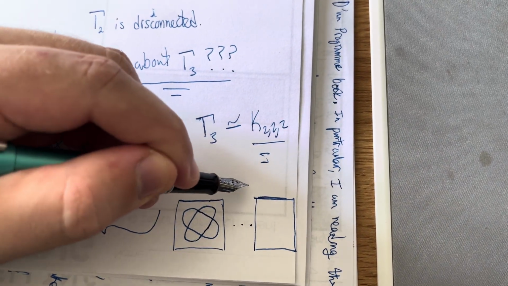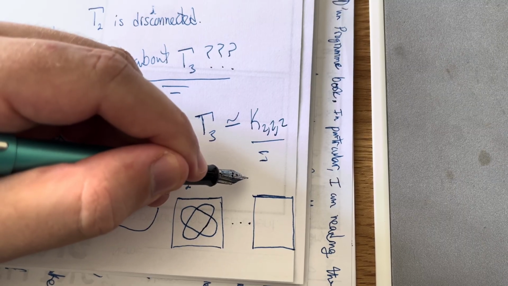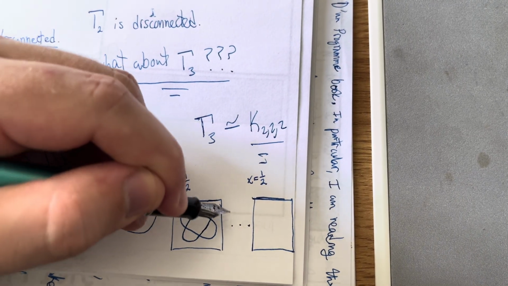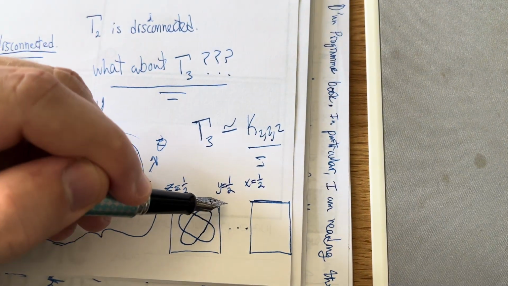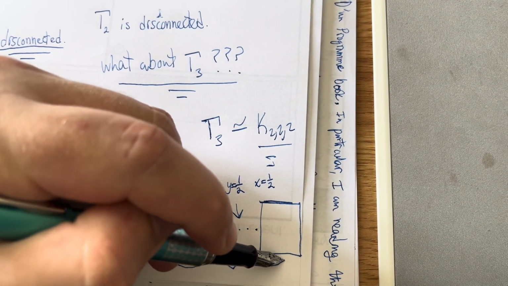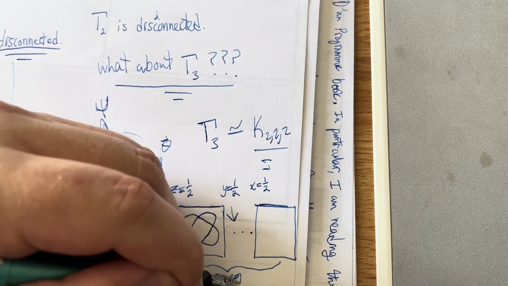Okay, so let's say this is z equals 1/2. This one on the right is x equals 1/2. Maybe the one in the middle is y equals 1/2. And obviously there are 3 copies.